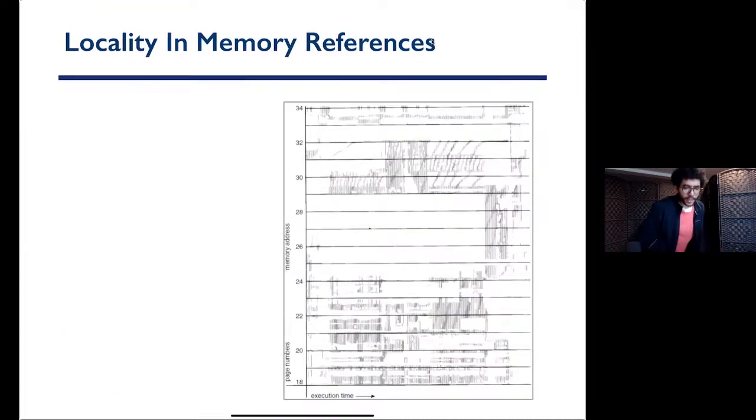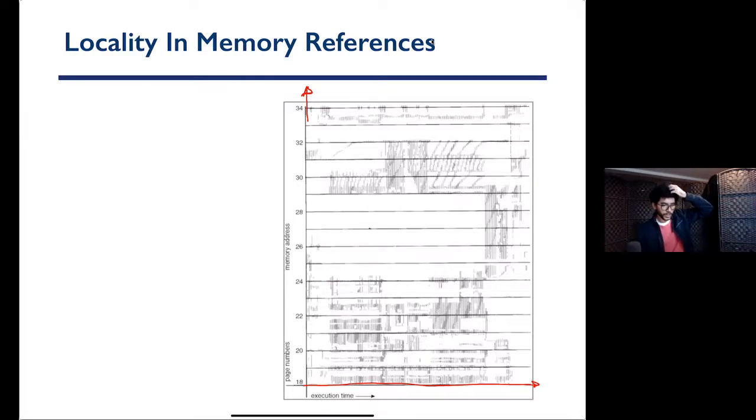Okay. Now let's talk about the question that was asked, actually. Let's talk about working sets. What is a working set? So in this figure in front of you, on the x-axis, I have execution time. On the y-axis, I have memory addresses, from 0 to whatever.